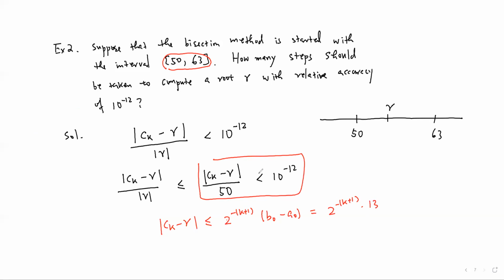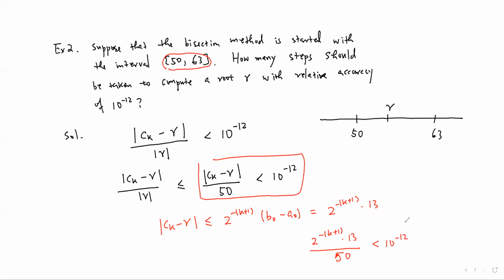So in order for this inequality to be true, we just need to make sure 2^{-(k+1)} times 13 over 50 is less than 10 to the negative 12.